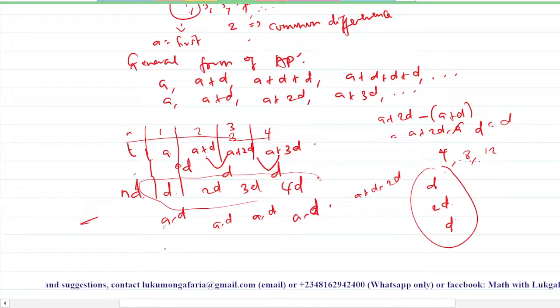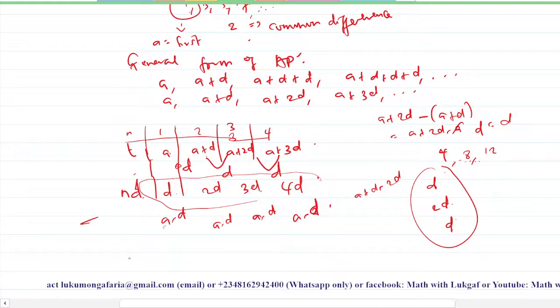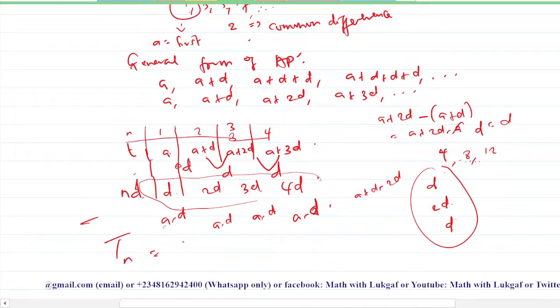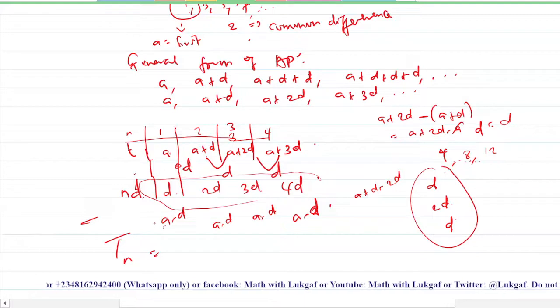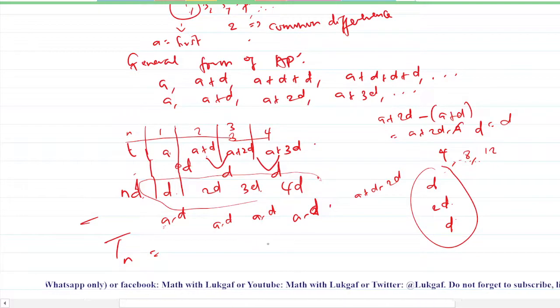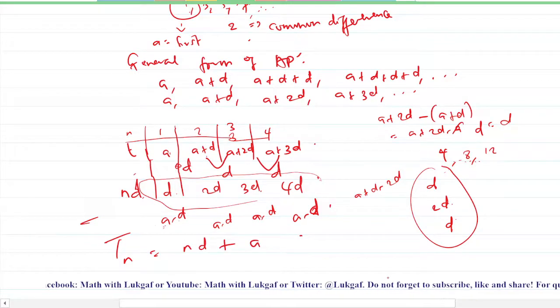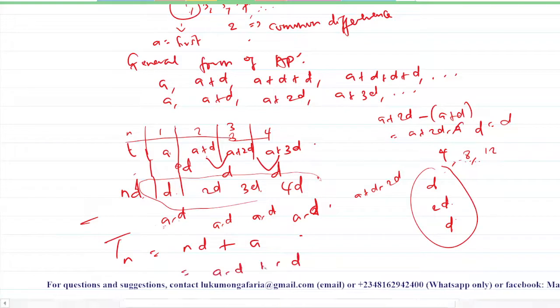From the last video, don't forget, your nth term will be what? ND plus what you obtain here, that is A minus D. You understand now? So the nth term is equal to ND plus A minus D. If you write this very well, you can say A minus D plus ND.